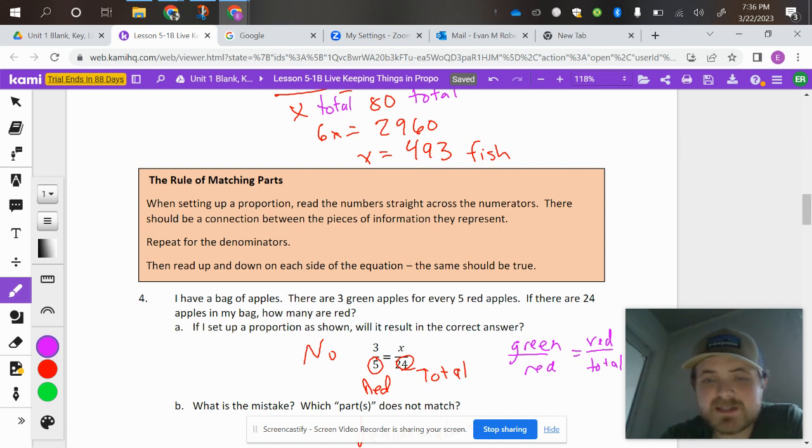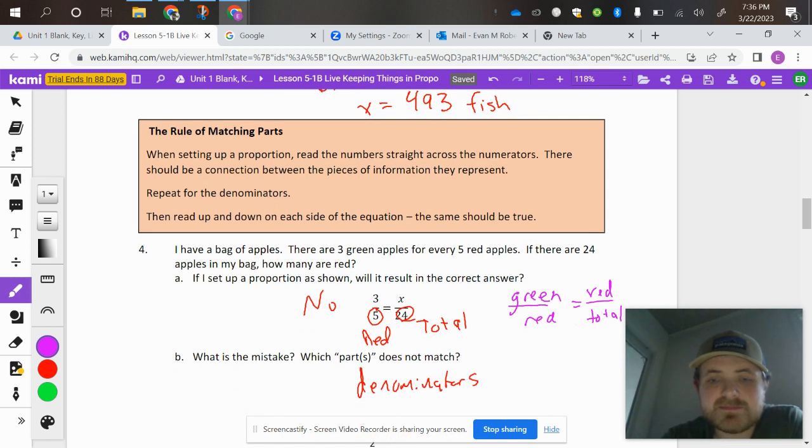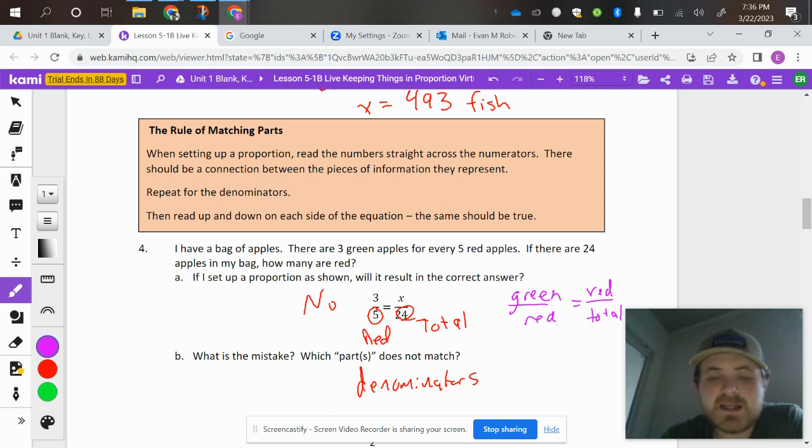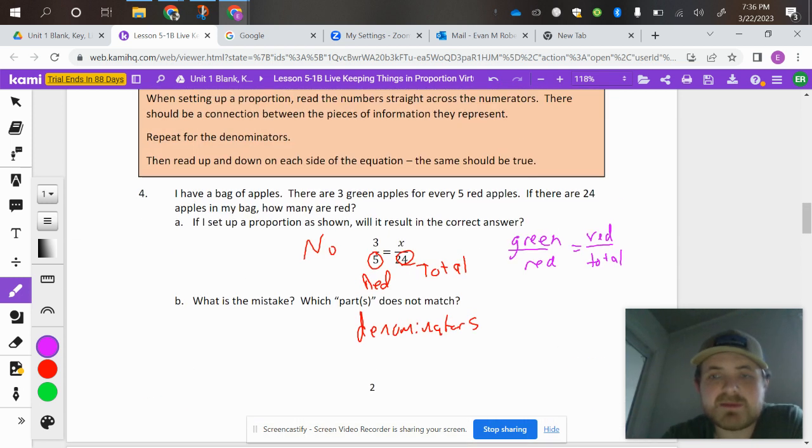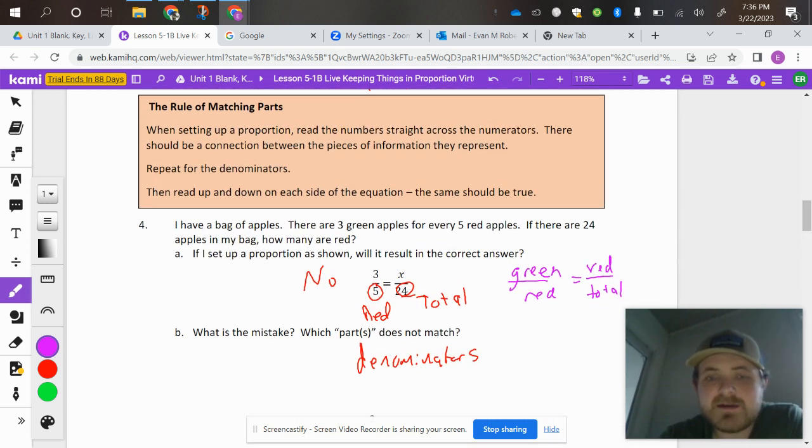If they would have changed it up to maybe make it like 5 red apples to the total, which was 8.